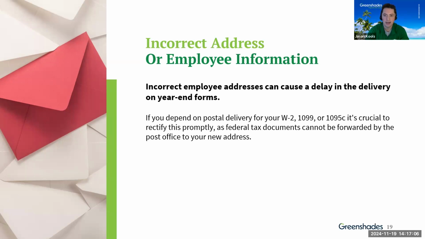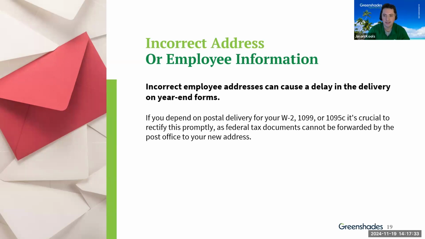And just a quick reminder on this topic as well. Federal tax documents can't be forwarded by the post office to a new address. So any delay in receiving forms can cause frustrations, whether it's from your vendors, your employees, or it can create compliance risks within your organization as well.